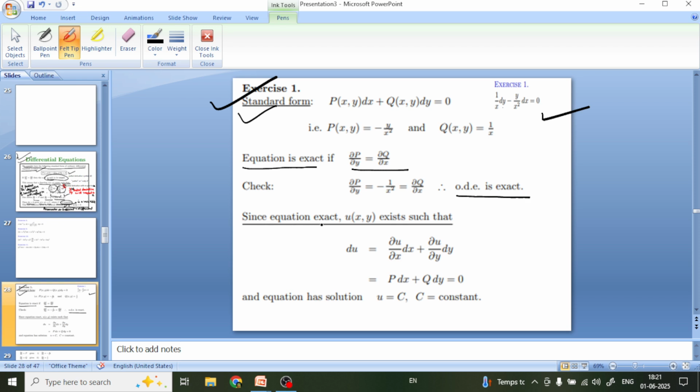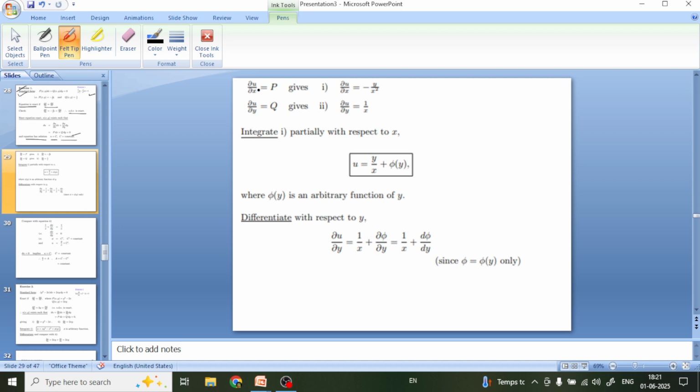Since the equation is exact, u(x,y) exists such that du is equal to partial derivative of u dx plus partial derivative of u dy, P dx plus Q dy, which should be equal to 0. The equation has u is equal to c, where c is a constant.